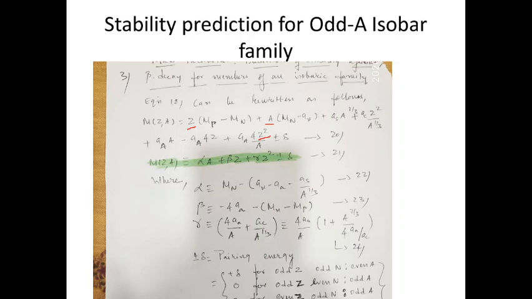You can see a Z square here, club all the Z square terms, and the remaining term which does not have A, Z or Z square will be plus or minus delta. So everything I have just put in a very compact form here. Same expression but written in a very compact form.